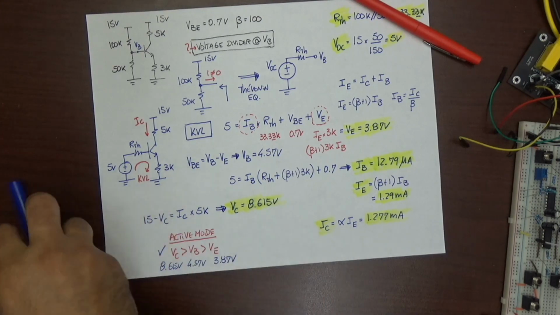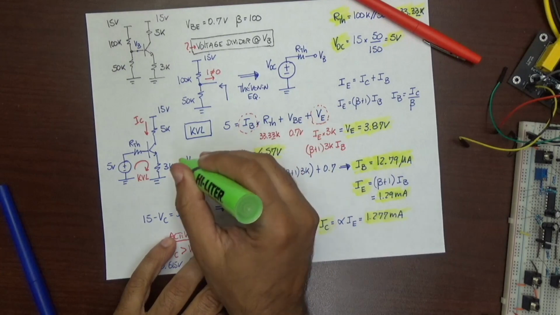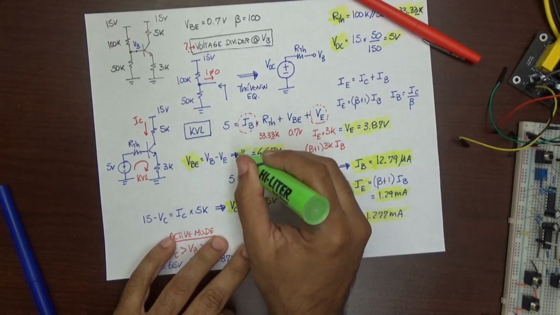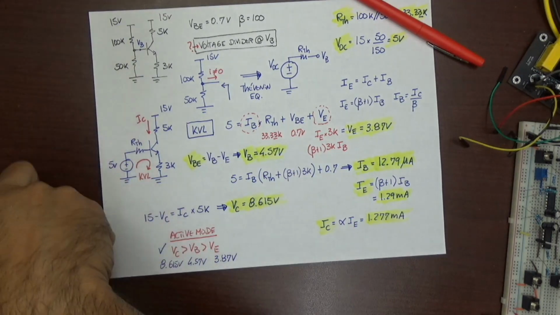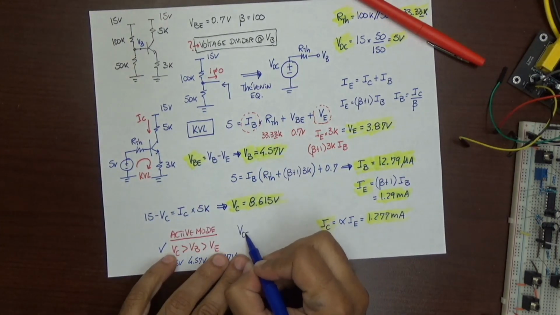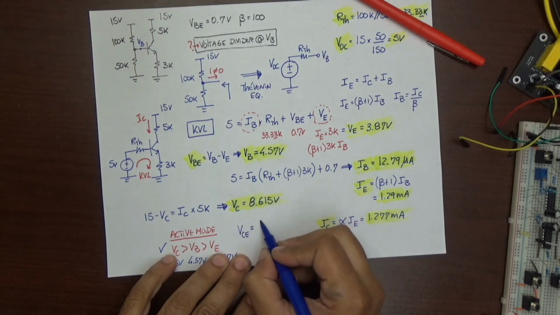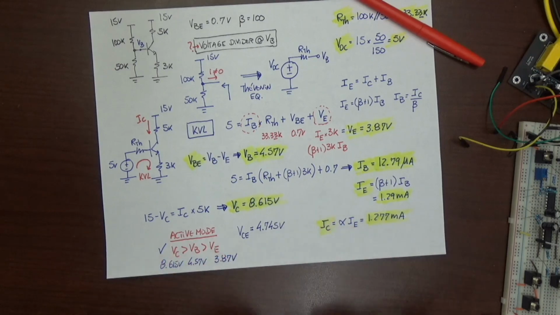Everything is good. So now the only thing that I'm missing is, oops, I should have done VB. The thing that I'm missing is VC. So let's calculate VCE, which is equal to VC minus VE, which gives you a value of 4.745 volts.